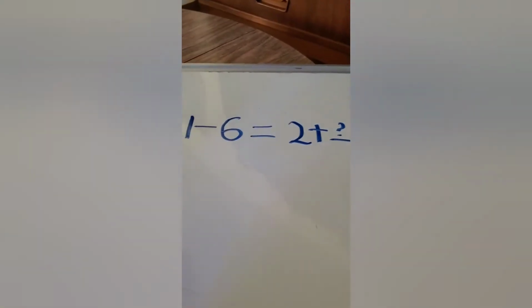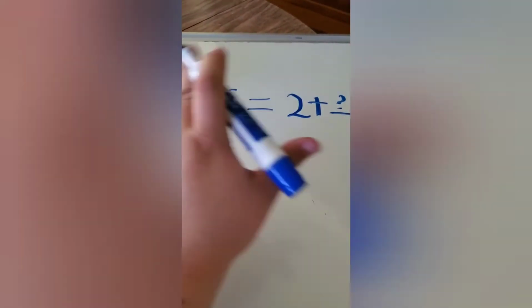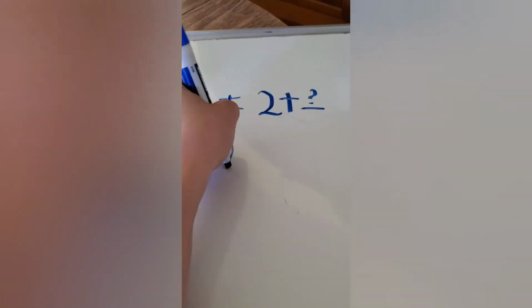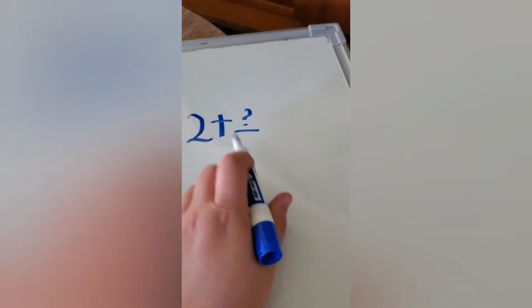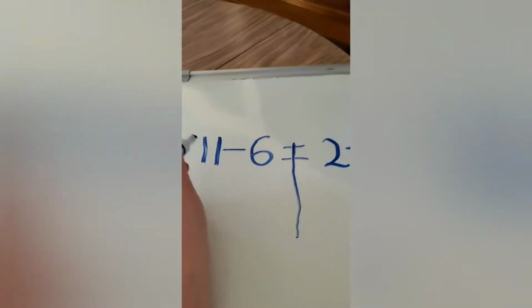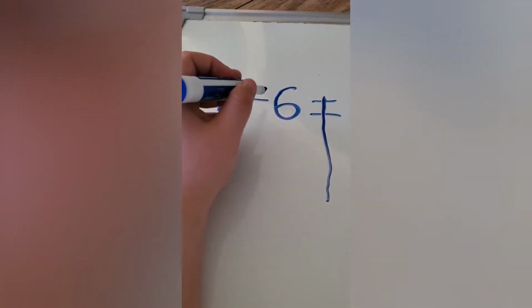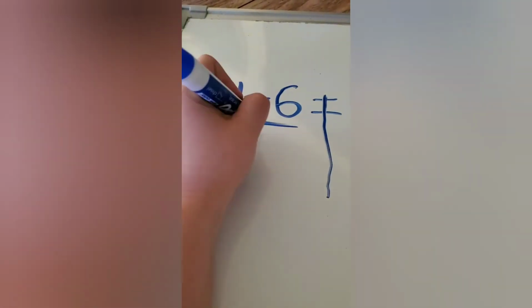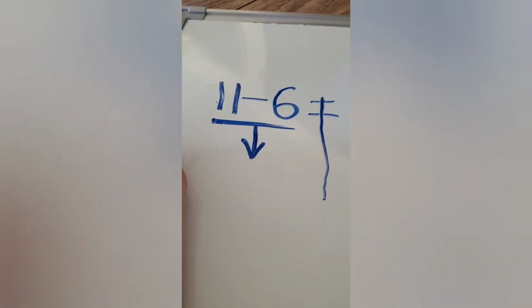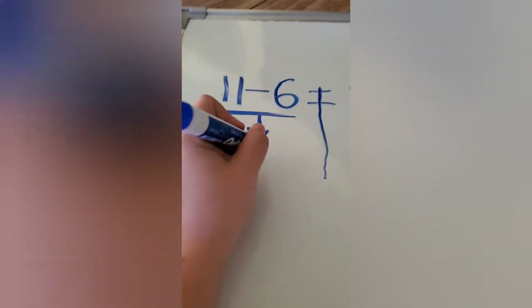All right, so now that you have paused the video and found the answer, let's do this together. Okay? Here. So I need to make sure that they're balanced on both sides. So first, since I don't know what this is, I have to start over here on this side. So 11 take away 6 is what? 5.